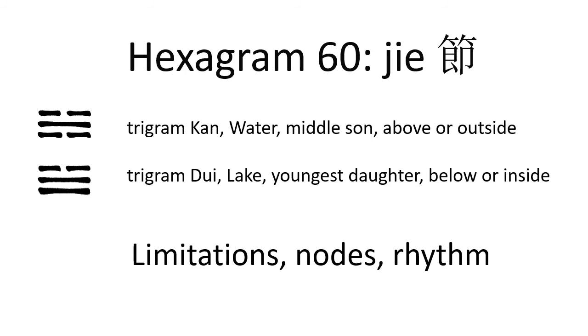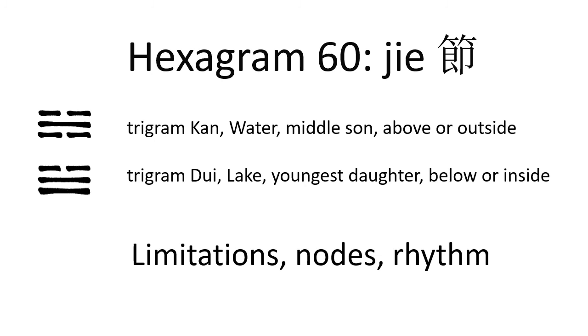And limitations may look like obstacles to forward progress, but these obstacles are actually an opportunity to change how we view obstacles. And of course, nodes allow the measure of size, pitch, and rhythm so that everything resonates with the vibrations that most harmonize with it.